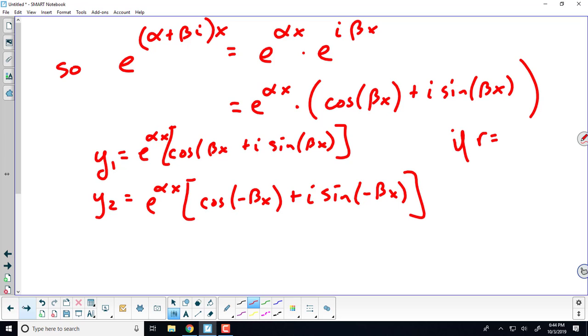If r equals alpha plus or minus beta i, then these are two solutions to the differential equation.